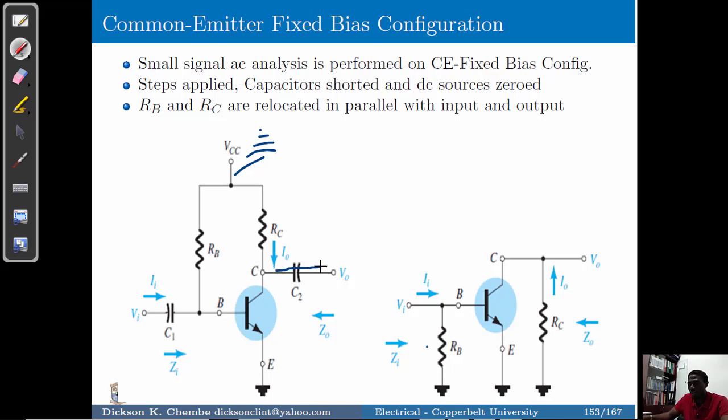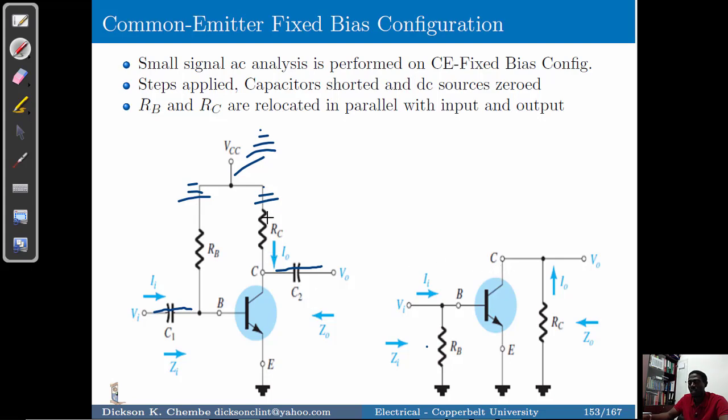So when you short-circuit these capacitances, you basically have eliminated or zeroed the capacitances in this case. And what we remain with is that this section is grounded, and that section is grounded.